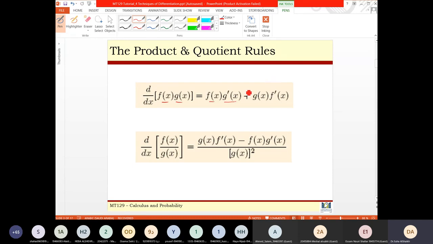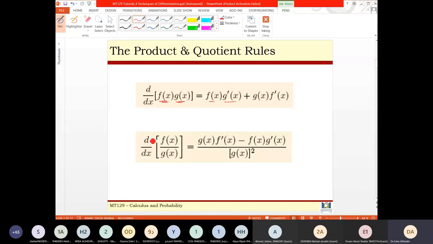I have a plus in between them, so it's okay if I switch. It is the derivative of g times f or the derivative of f times g. I can switch. That's correct. The derivative of the first times the second plus the first times the derivative of the second, as if they take turns.